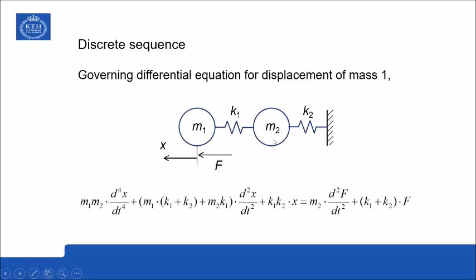If we state the two equations of motion for the two masses, and then solve for the displacement of mass 1, we will find this fourth order linear differential equation. You see, it's a fourth order derivative with respect to the displacement x, and on the right hand side we have the second derivative of the exciting force F.